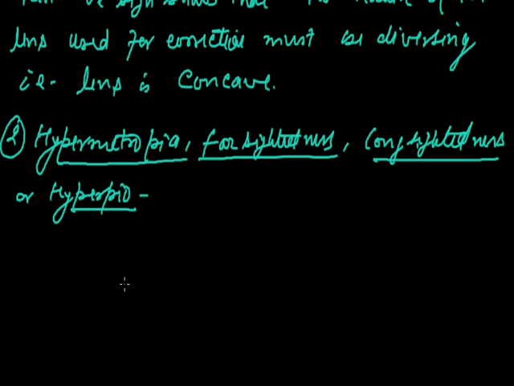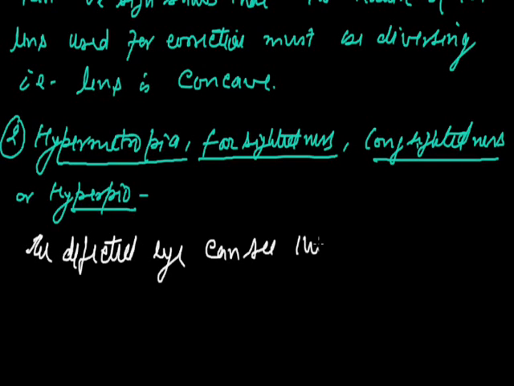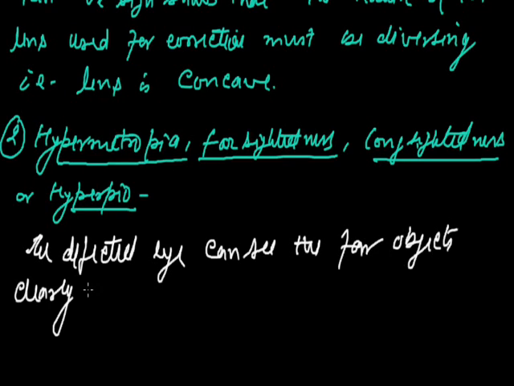The eye affected by this defect can see far objects clearly, but it is unable to see nearby objects.